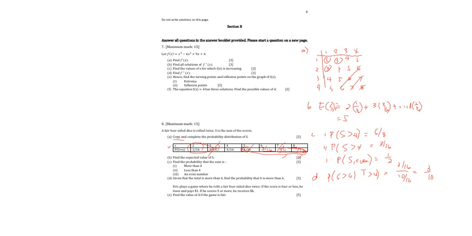Now, Eric plays a game where he rolls a fair four-sided dice twice. If the score is 4 or less, he loses and pays $1. If the score is 5 or more, he receives K dollars.